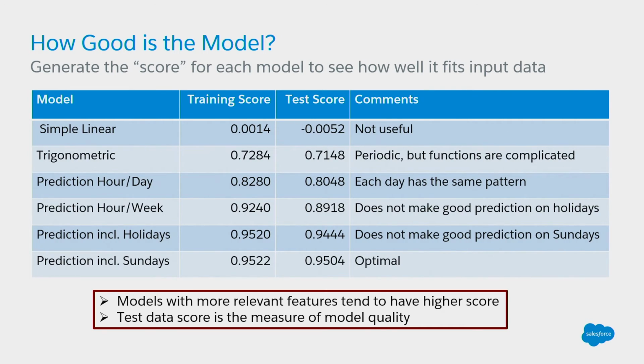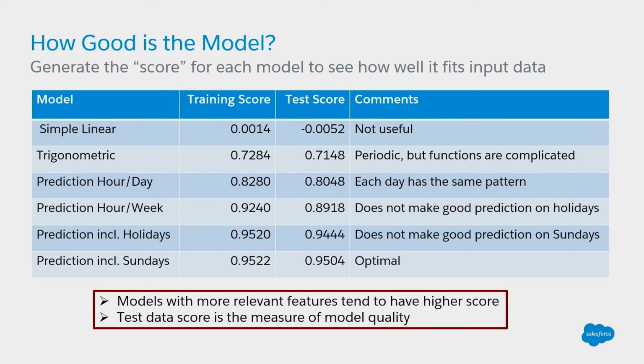So we see that we have a pretty good match, and that our numbers stopped growing. So we say, now we have a model that has a pretty good match, and we can go ahead and apply it to the test data. In this case, we see that the test data match pretty well for the prediction that includes Sundays and holidays. So that is about 95%. And the real measure of quality is the difference between the training score and the test score.